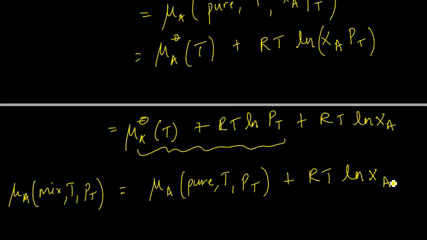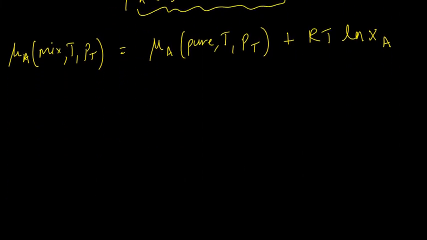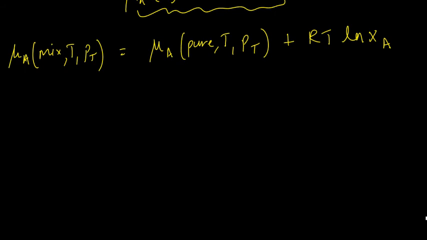Now since XA is always less than 1, I know that the chemical potential of the mixture is always less than the chemical potential of the pure substance. And this is important. I've already told you this in the case of a liquid solution, but it holds true in general. And this is important in establishing the criteria for equilibrium when we see how a reaction proceeds.